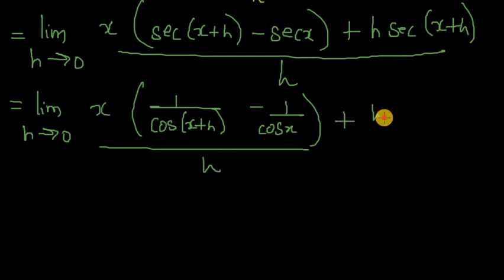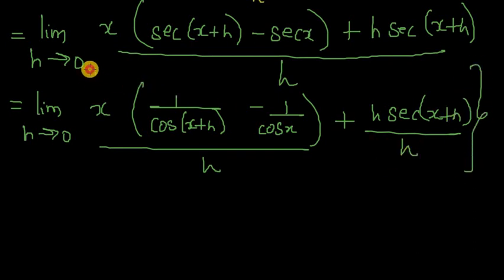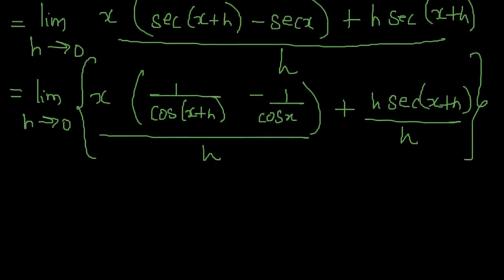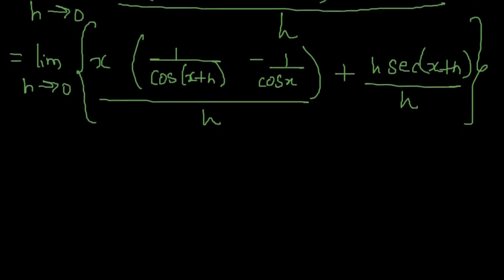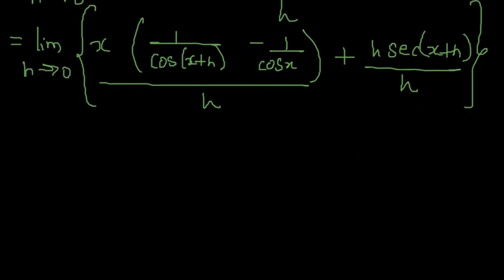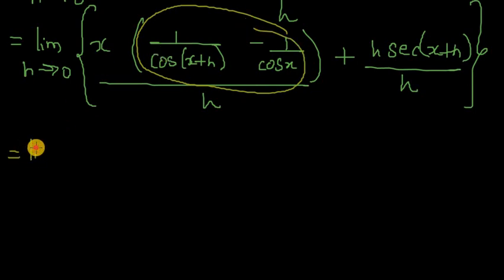Then h sec of x plus h upon h, and put curly brackets over it. Now the numerator, I have 1 upon cos of x plus h minus 1 upon cos x. So focus on it. We'll try to simplify this. That is limit h tending to 0. We'll keep x upon h aside for the time being.